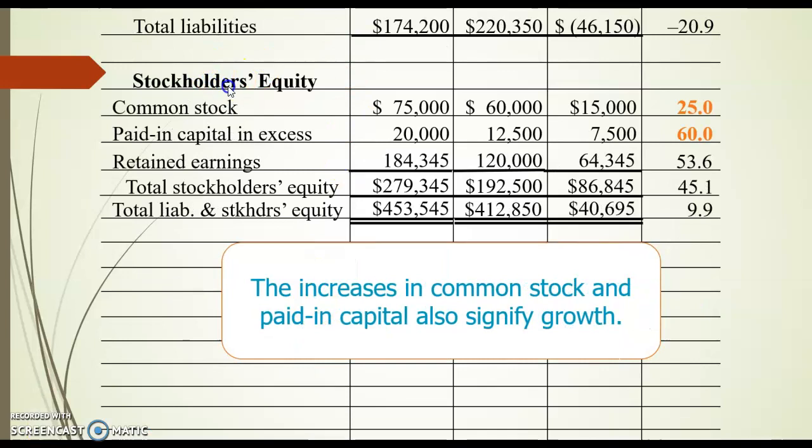Okay, here we have stockholders' equity, and our common stock went up by $15,000 along with the PIC account that's attached at the hip to it. So basically we issued stock for $22,500. And we should be able to see that on the statement of cash flows as well, that we received a bunch of cash because we issued stock to new investors.